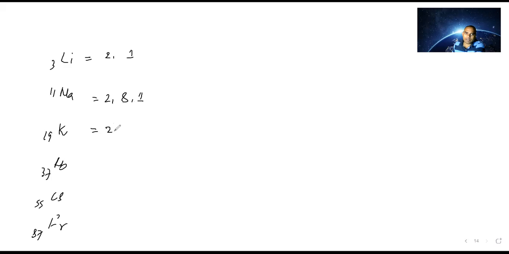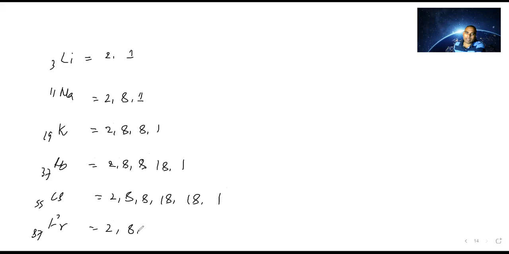Atomic structure is very important. 2, 8, 8, 1. Here, 2, 8, 8, 18, and 1. Then 2, 8, 8, 18, 18, and 1. Then 2, 8, 8, 18, 18, 32, and finally 1. This is how the configuration takes place, that you need to memorize.